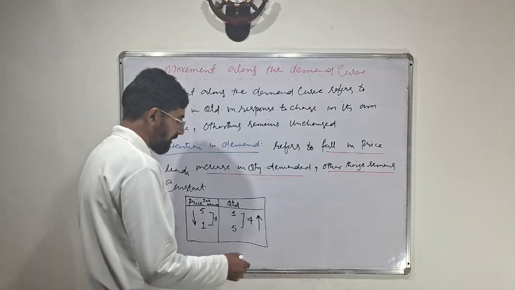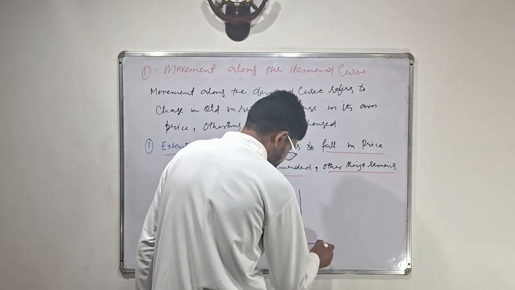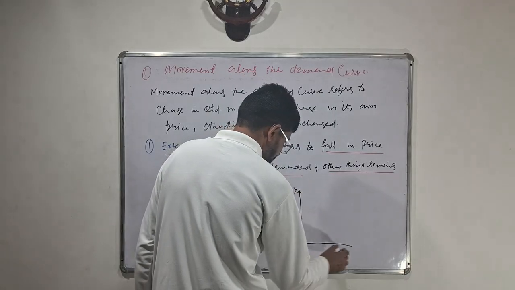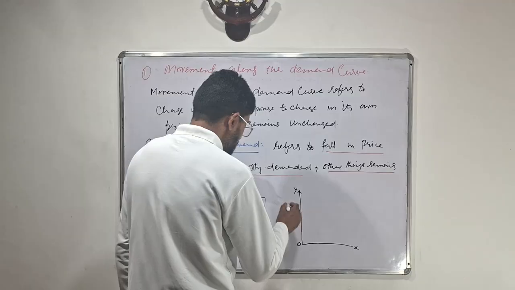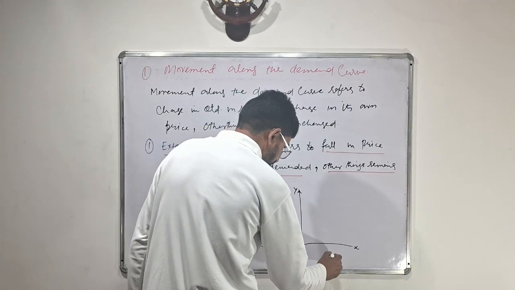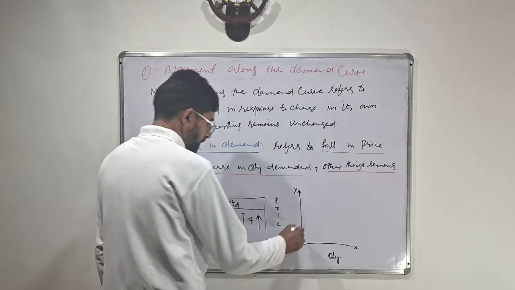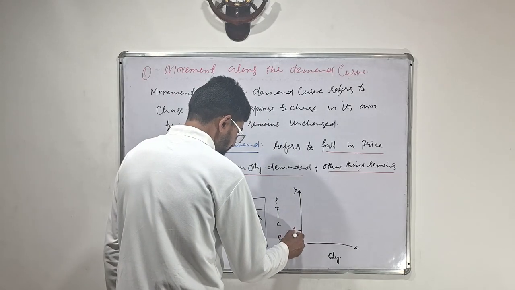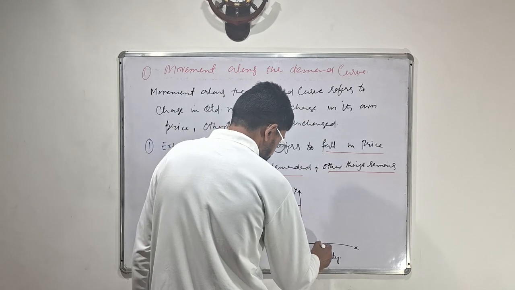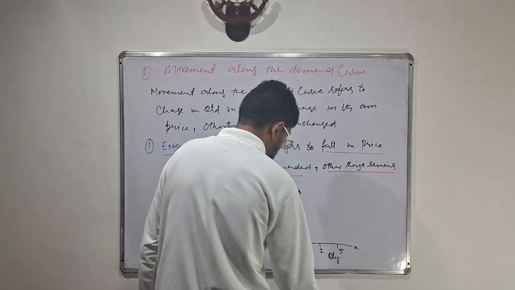Now I will show this with the help of a graphical representation. This is y, x. Here I will write price, and here quantity demanded. Price 1, quantity 5; price 5, quantity 1.